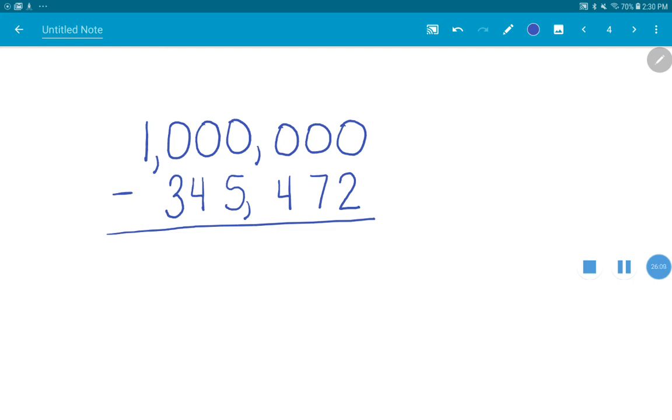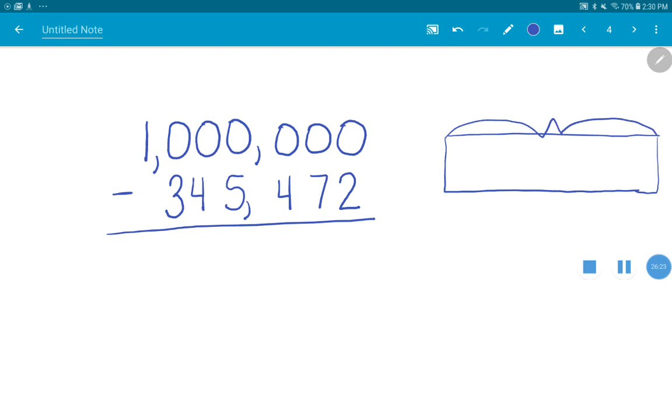What do you notice when you look at our total at the top number? Yeah, it's got a bunch of zeros, doesn't it? Okay, so our total in the problem is 1 million with a whole lot of zeros. I've got 6 zeros to take care of.